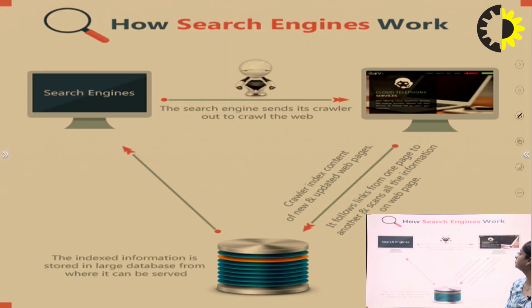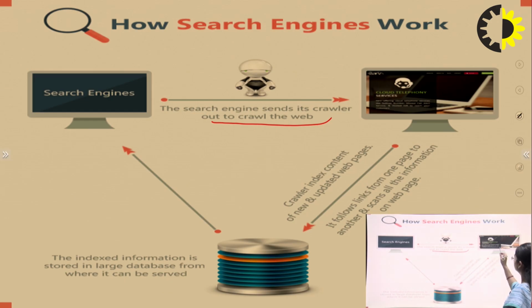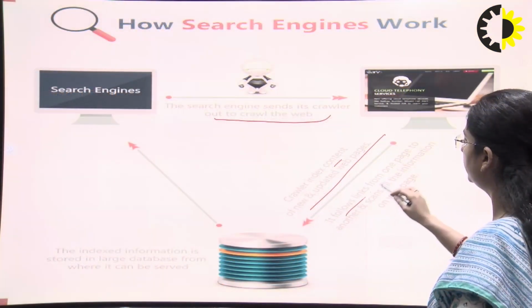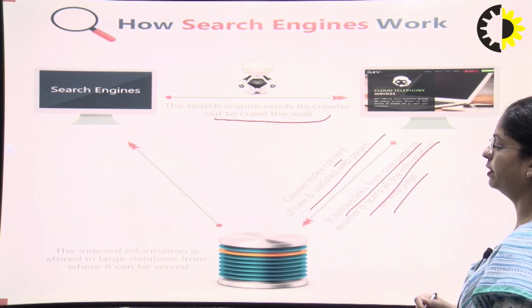How does a search engine work? The search engine sends its crawler out to crawl the web. What does this crawler do? It crawls and indexes content for new and updated web pages. It follows links from one page to another and scans all the information on web pages.